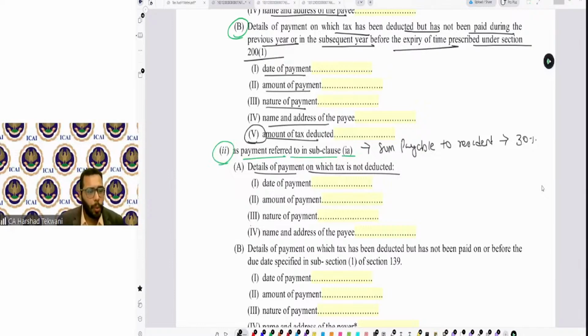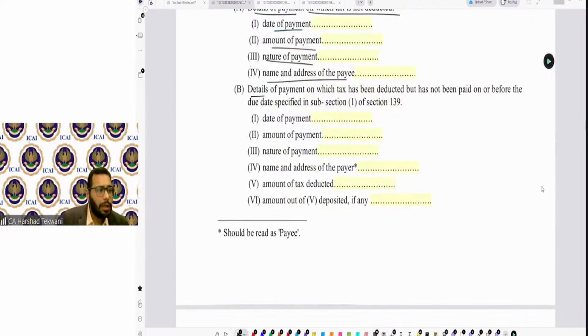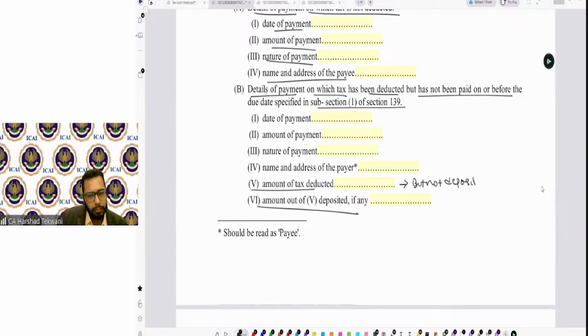So first we need to provide the amount on which tax is not deducted: date of payment, amount of payment, nature of payment, name and address of the payee. Then comes details of payment on which tax has been deducted but not deposited before the specified date. You have these additional points: amount of tax deducted but not deposited, and amount out of it deposited, if any, if a partial amount is deposited.